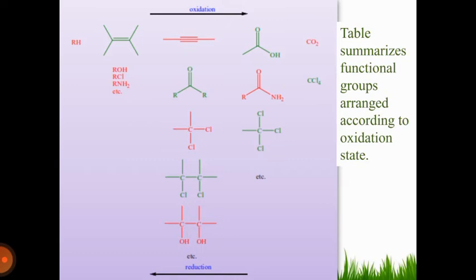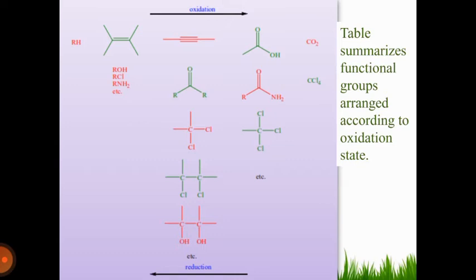This table must be there in your mind. Observe keenly, because whatever comes in the same line. If you take RH, it is a normal alkane, and the oxidation state of carbon has a particular value. If you take alkene, it has a particular oxidation number value. So analyze this slide.